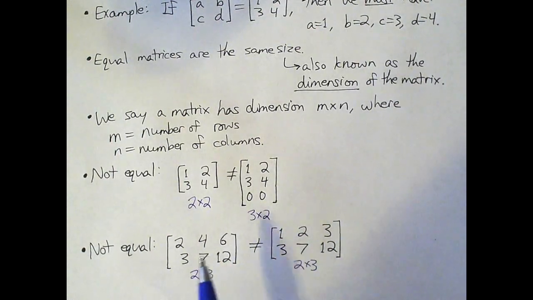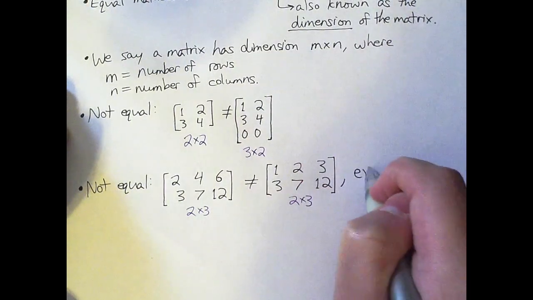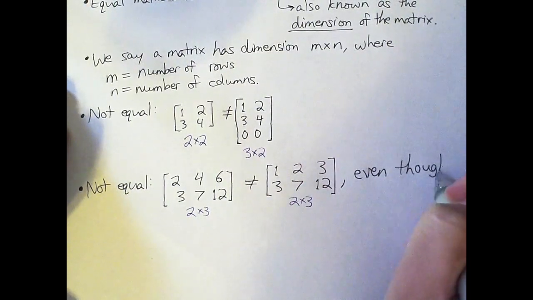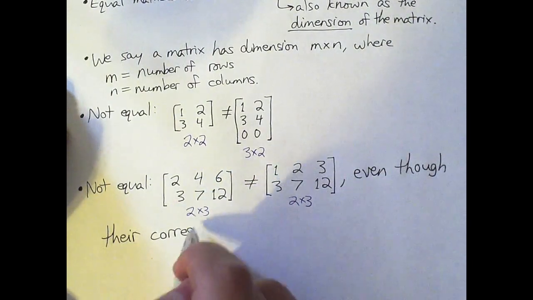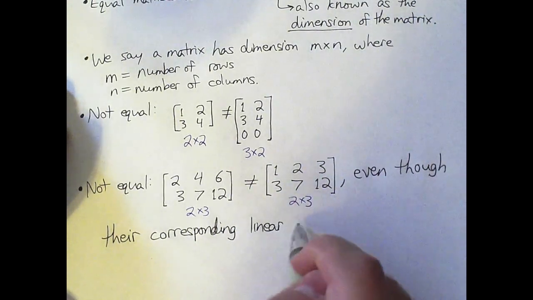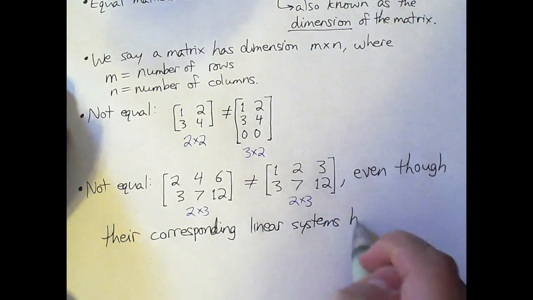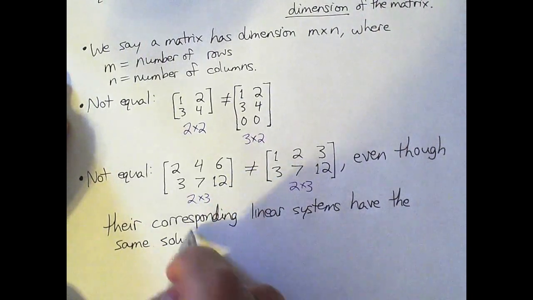An arrow pointing to the right, and we would say we multiplied row 1 by 1/2. It's okay to draw an arrow, but we should not put an equal sign between them, because as matrices, they are not considered equal, even though their corresponding linear systems have the same solutions.